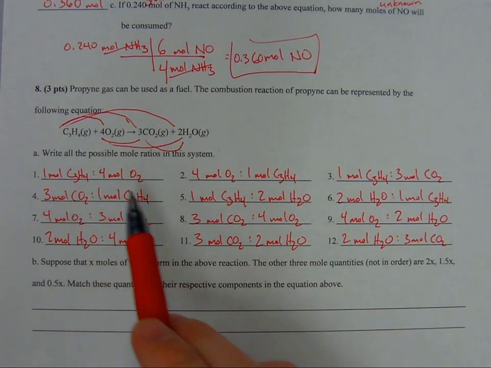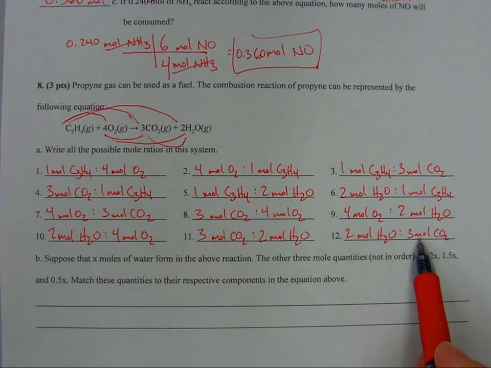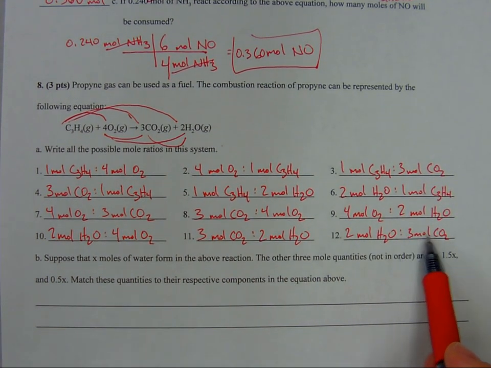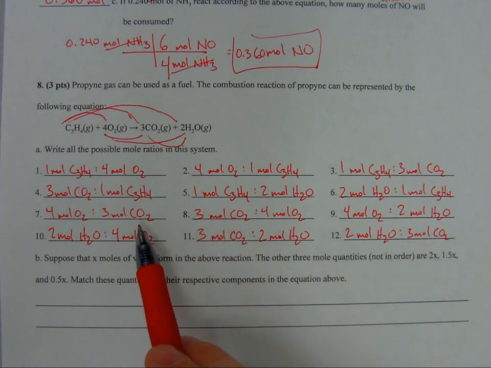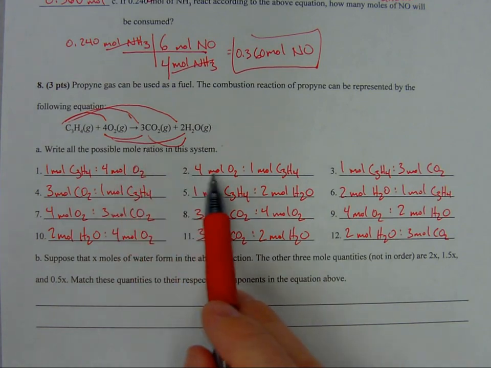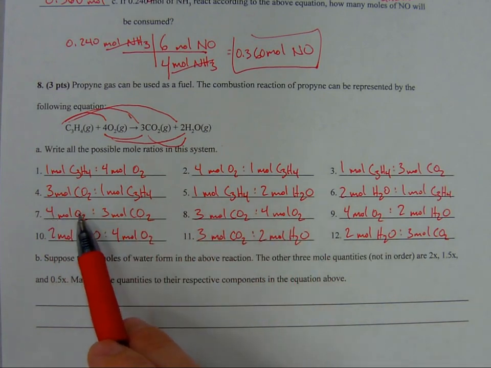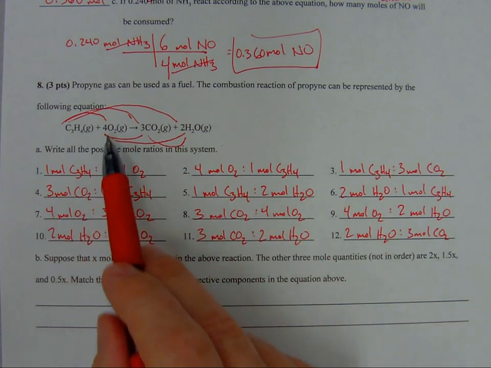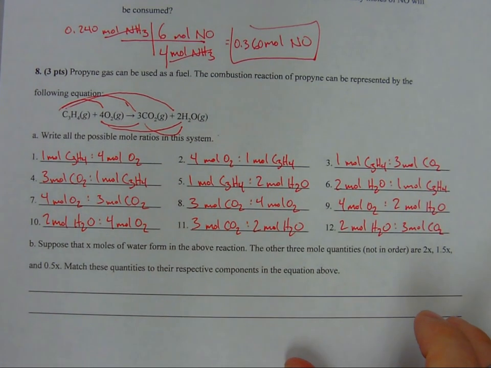Wherever I've written CO2, it's always 3 moles of CO2, because the coefficient is 3. Each and every time I wrote O2, it was always 4 moles of O2, because the coefficient in the balanced chemical equation for oxygen is 4.